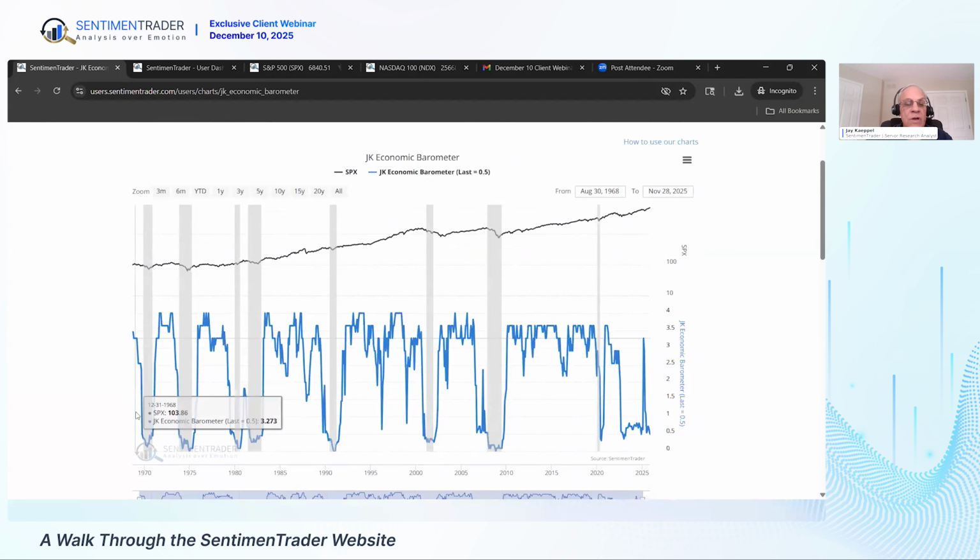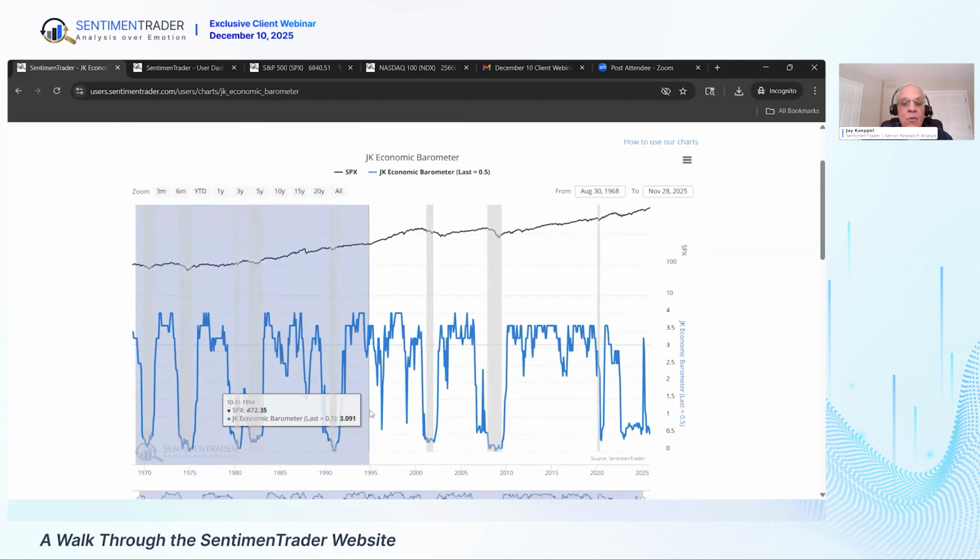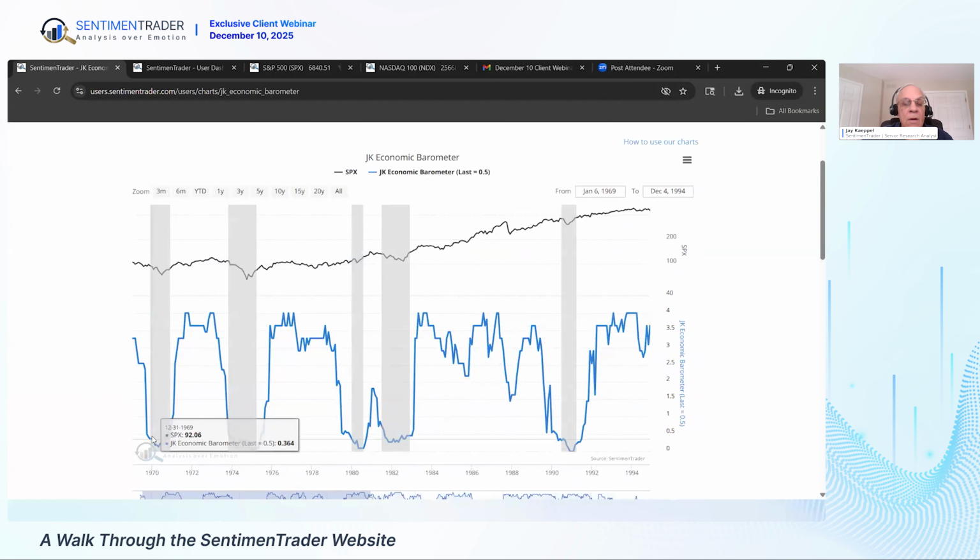The history of this is that the magic number, quote unquote, is 0.3. Any reading of 0.3 or lower. Down here it was 0.318, and then it ticked in, so you can see that confirms we're in a recession.